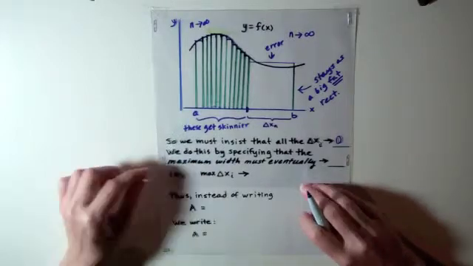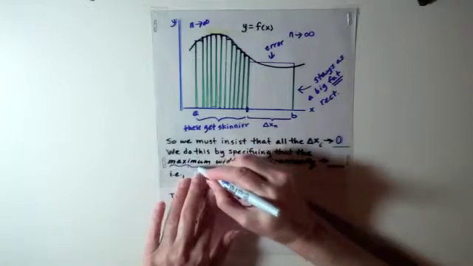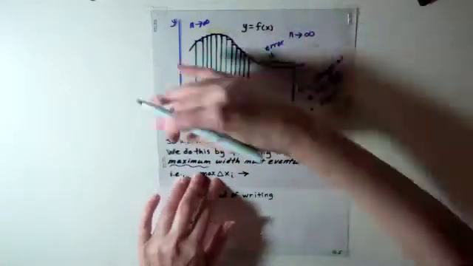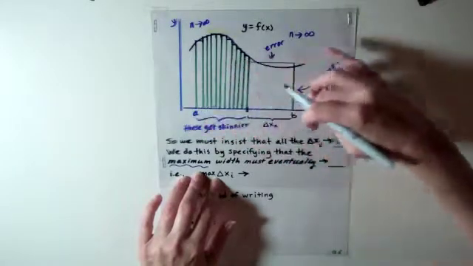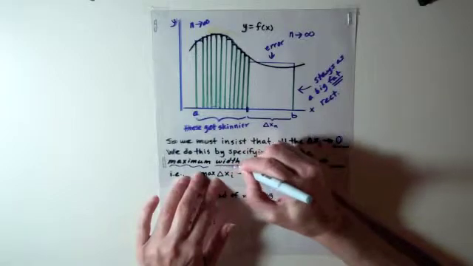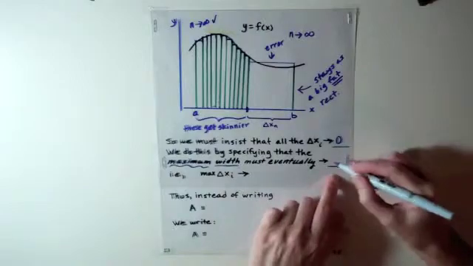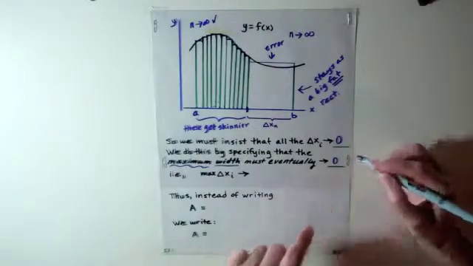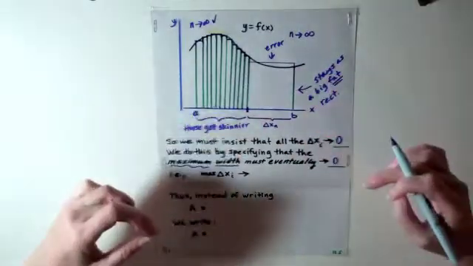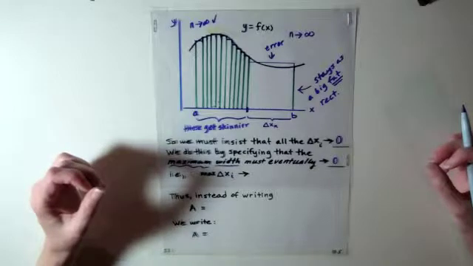And we do this by specifying the following. We specify that the maximum of all of these different widths, so with every partition, every subdivision of A to B that we create, we make sure that the maximum width, as the number of rectangles gets larger and larger, eventually goes to 0. If we specify that the maximum width of all of these rectangles goes to 0, then all of the smaller ones must also be going towards 0.